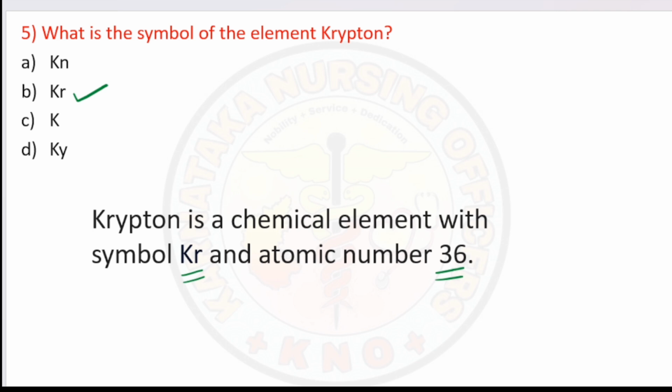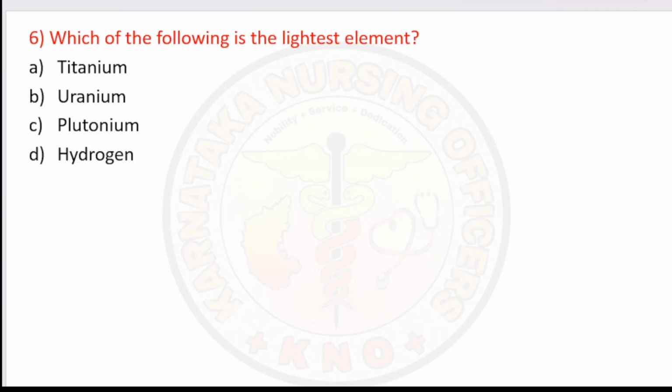So next question. Which of the following is the lightest element in the periodic table? And the options are titanium, uranium, plutonium and hydrogen. So usually the lightest element is the element which has the lowest atomic mass.